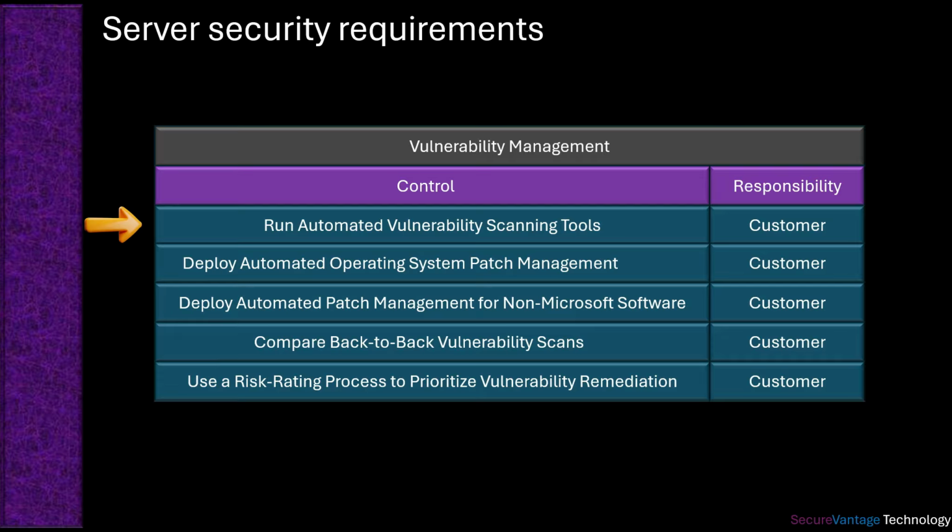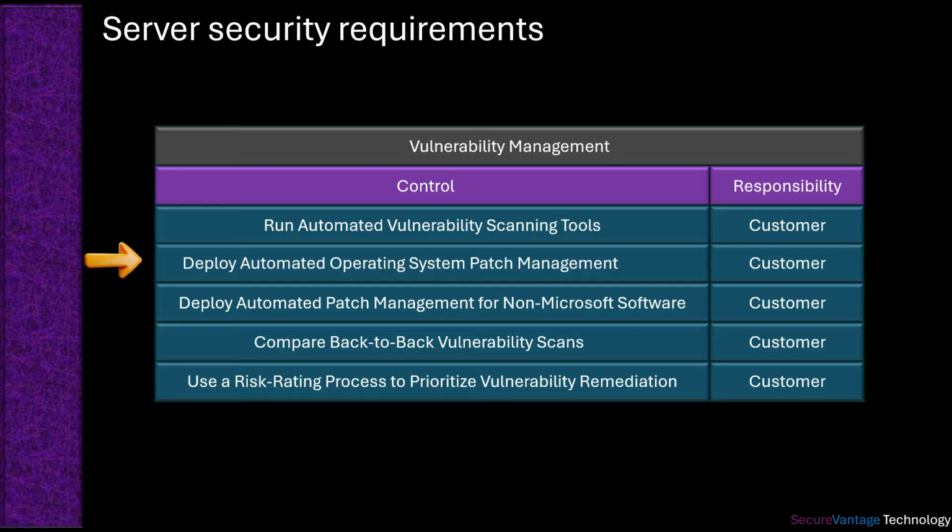In the world of servers, this is done using automated vulnerability scanning tools. Microsoft Defender for Cloud is like a highly recommended security inspector that helps you run the scan on your Azure virtual machines. You can also choose to use another tool if you prefer, but the goal is the same. Regularly check for any security weaknesses.